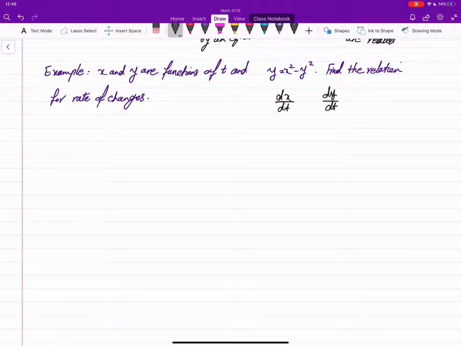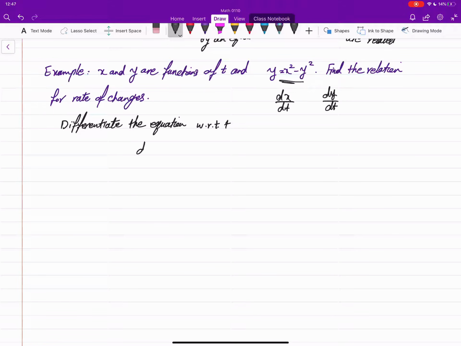We don't have how these are defined as functions of t, but what we have is this equation, and this dt is the first clue for us where to start. We have to differentiate the equation with respect to the time variable.